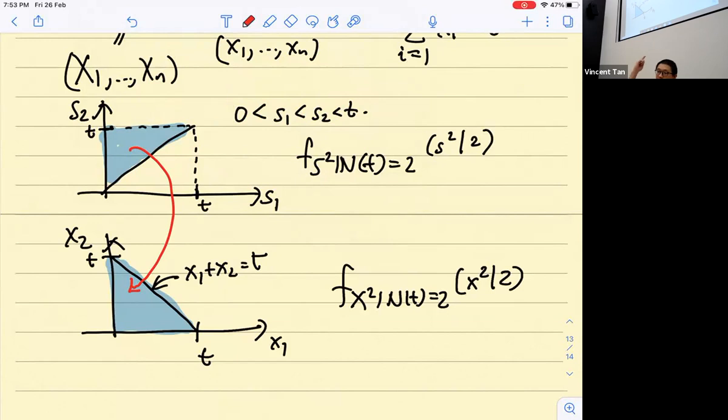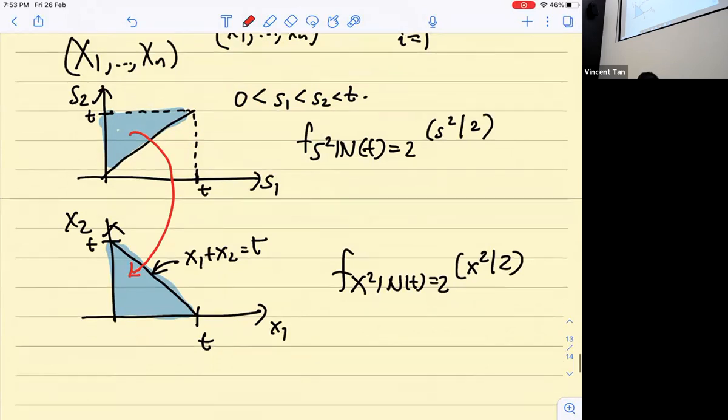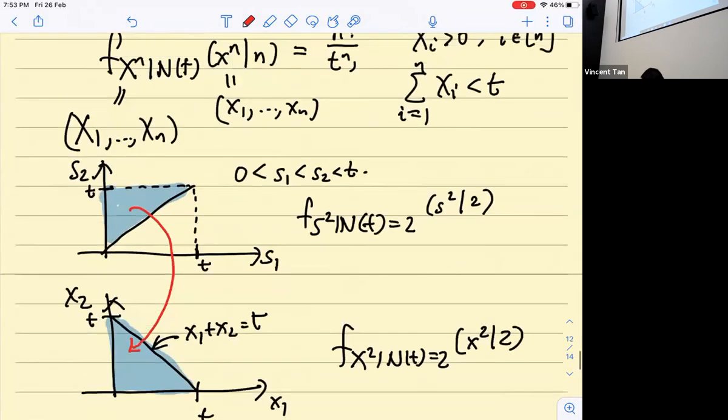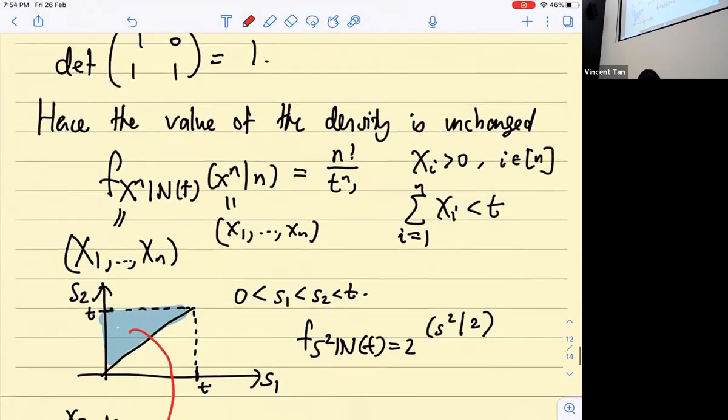And in fact, the determinant is 1. And when your determinant is equal to 1, your volume is preserved. Hopefully, you remember this also. Year 1 things. The volume is preserved. Look at this. From my beautiful picture, the area of the triangle is preserved. So basically, we have easily derived the value of the density for the X process, which is the inter-arrival times.